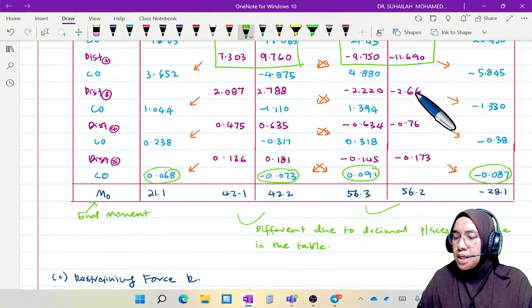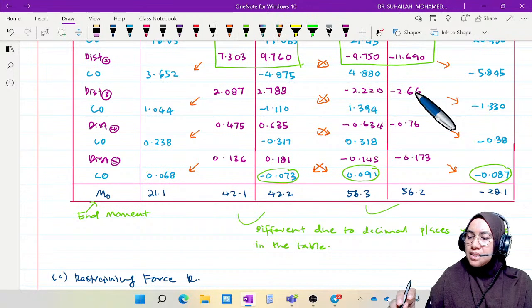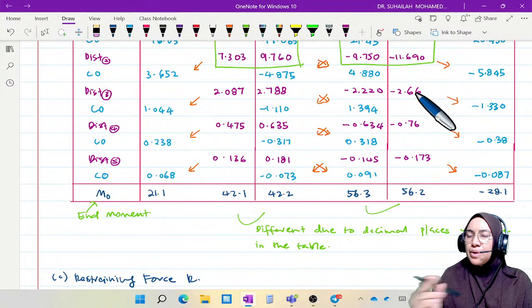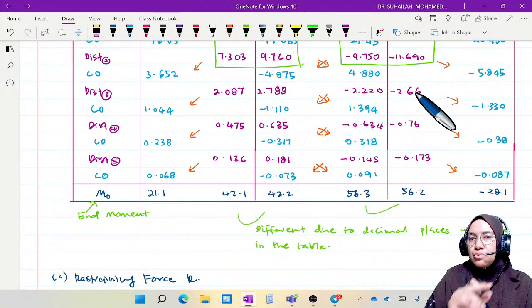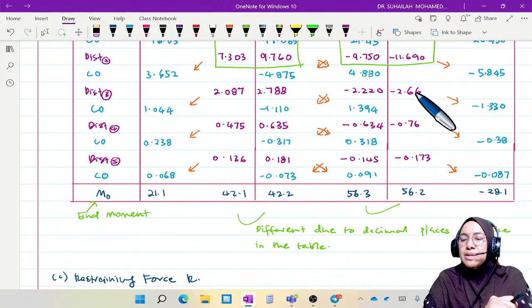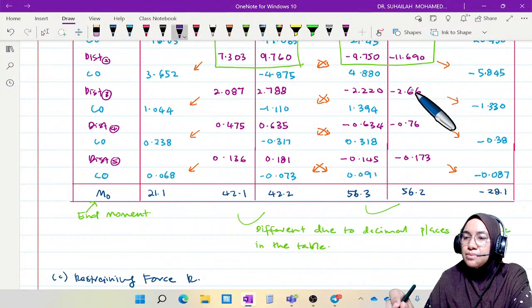Okay, in this table, actually, as I mentioned just now, we need to stop at distribution. We need to stop at distribution means that, okay, let's check what is the last distribution value.